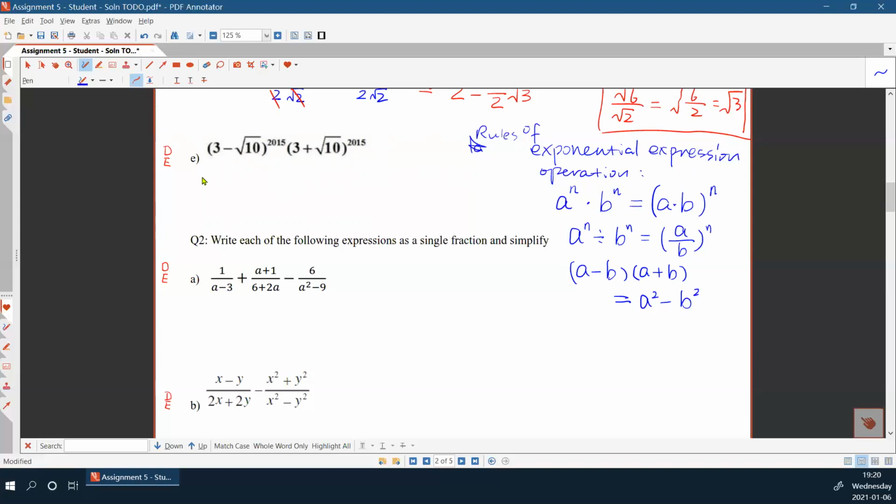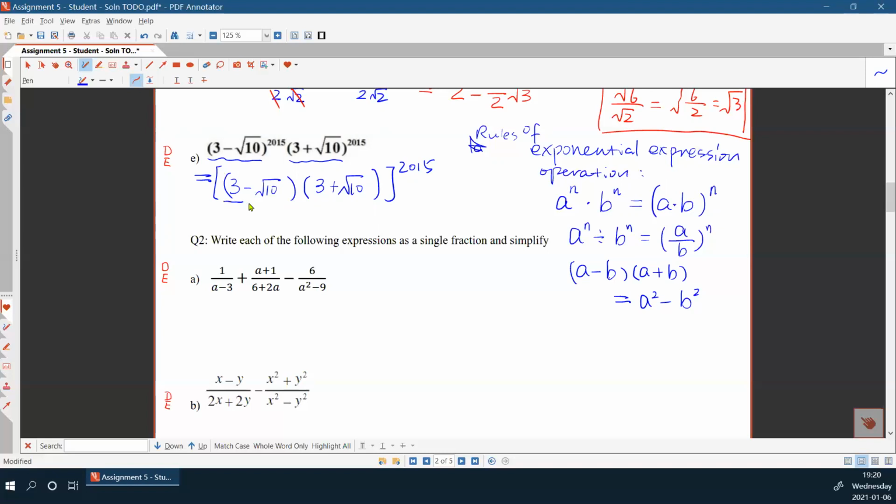So according to these rules, we have something to the 2015th power and another thing to the 2015th power, right? So the original expression equals the first item times the second item as a whole to the 2015th power, right? The 2015th power can be distributed to the two items here in the brackets.